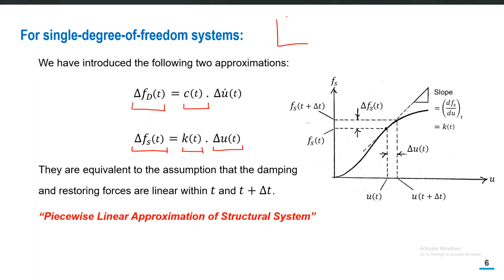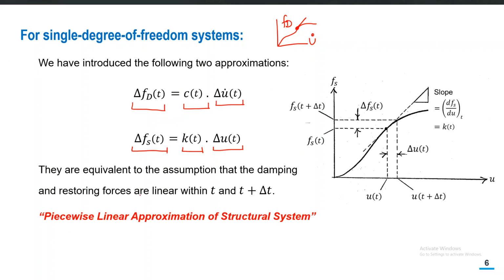The Fd and u dot relationship can also be nonlinear, and the instantaneous slope at any time instant t can be written as C of t, multiplied by delta u dot, which is the small increment in the velocity of the structure between time t and t plus delta t. So by the same analogy, we can write delta Fd as C of t, the instantaneous slope of the Fd and u dot relationship, times delta u dot.